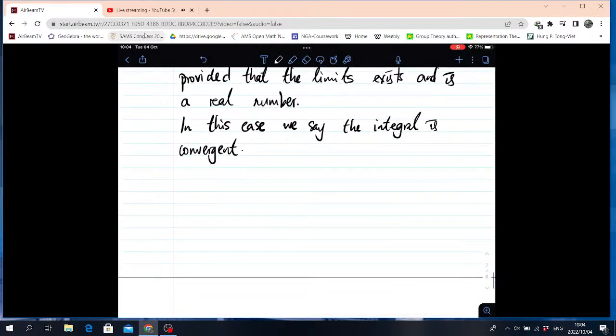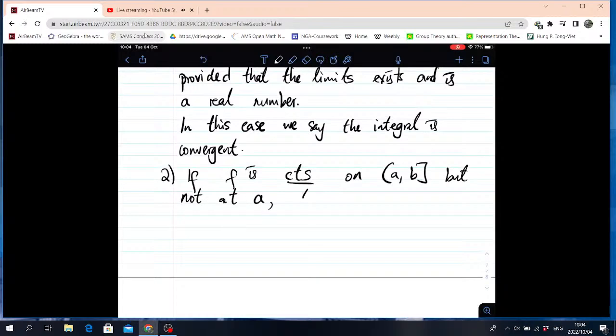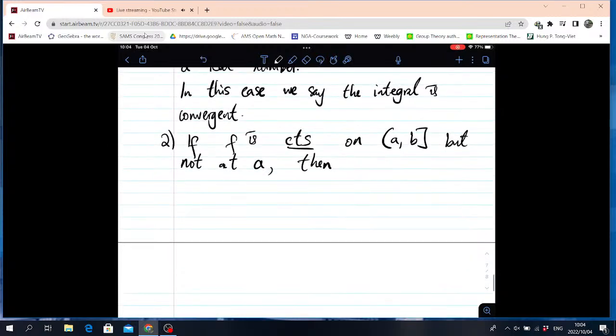Let's look at the second scenario. If f is continuous on (a, b] but not at a, then we've got sort of the same definition. The integral from a to b of f of x dx is going to be the limit as t tends to a from the right of the integral from t to b of f of x dx.